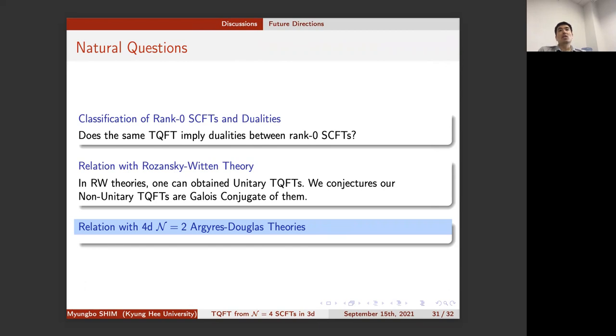And if you consider this twisted partition function, it will give you the data of this Higgs branch, which is the instanton moduli space. So that's how you connect the necklace partition function with this topological twisted index. But I should have known, but I don't know the direct relation.